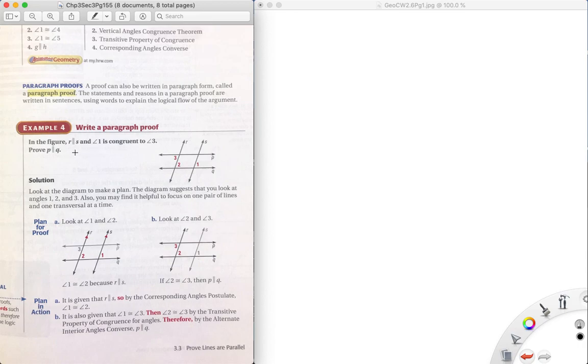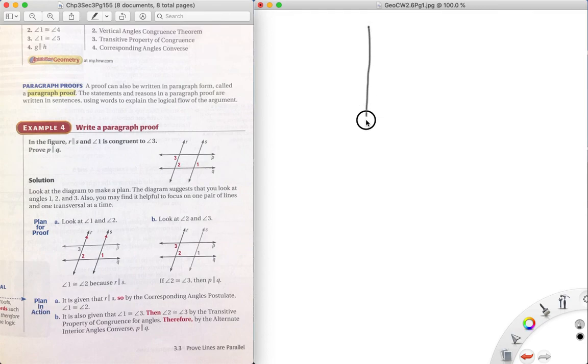They say that 1 is congruent to 3, and that R is parallel to S. They want you to prove that P is parallel to Q. So what I would actually do is start a 2-column proof.